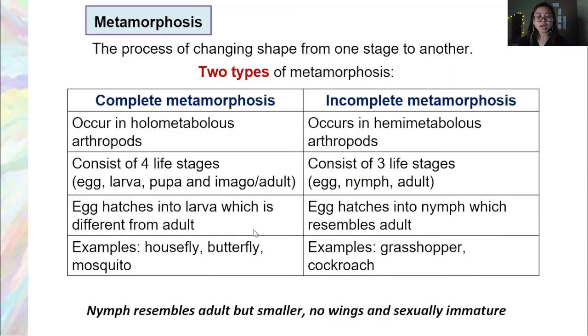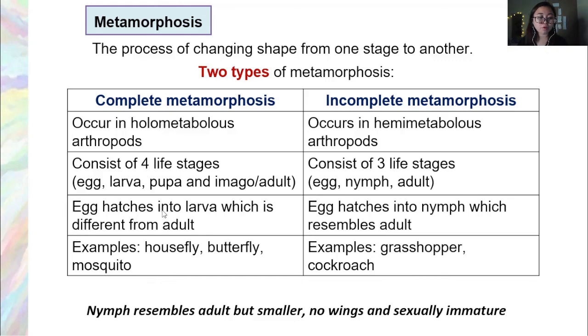Okay, so just now we talked about complete metamorphosis and incomplete metamorphosis. So this is the comparison between complete and incomplete. Complete metamorphosis will occur in holometabolous arthropods. Incomplete metamorphosis occurs in hemimetabolous arthropods. Okay, one of them has 4 life stages.